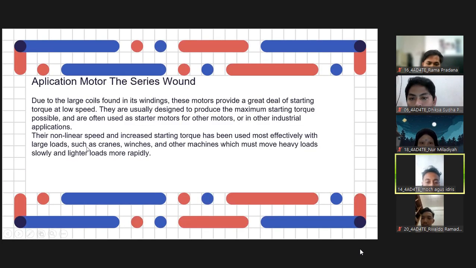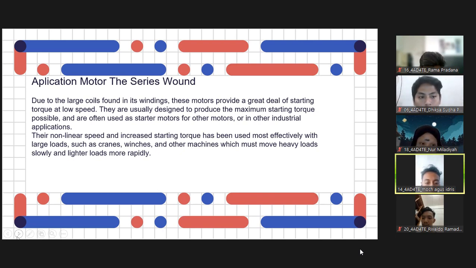Application of the series DC motor. Due to the large coil found in its winding, this motor provides a great deal of starting torque at low speed. They are usually designed to produce the maximum starting torque possible and are often used as starter motors for other motors or in other industrial applications.